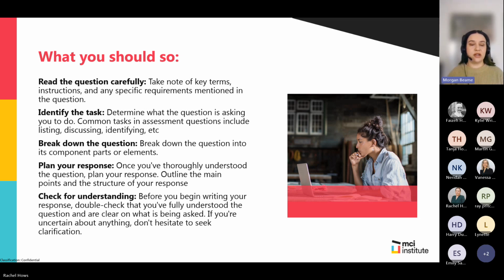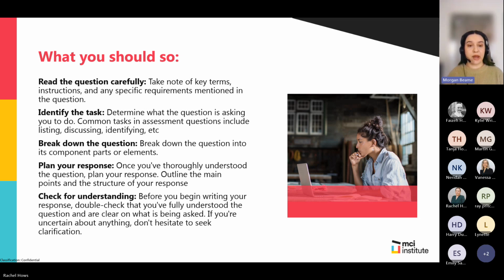If it's asking for a few different things, outline those different things, and then you can bring it all together. And then check for understanding. Before you begin writing your response, double check that you fully understood the question and you're clear on what is being asked. If you're still a little bit unsure after following those first 4 steps, feel free to reach out to your mentor.